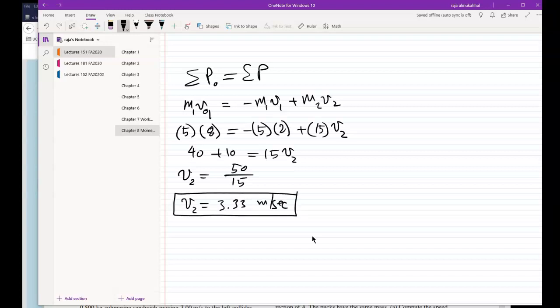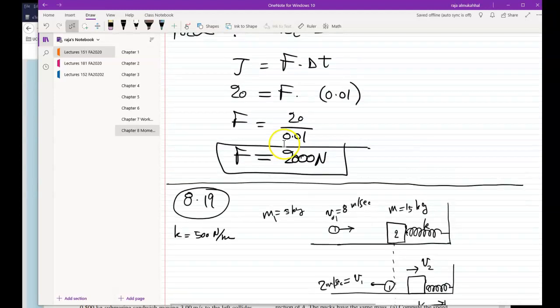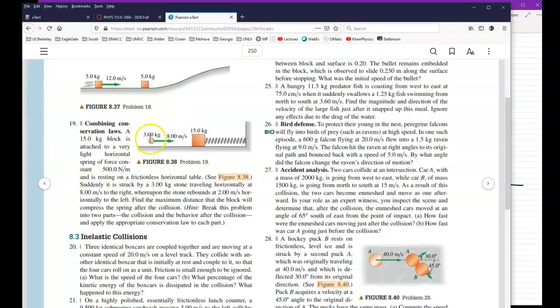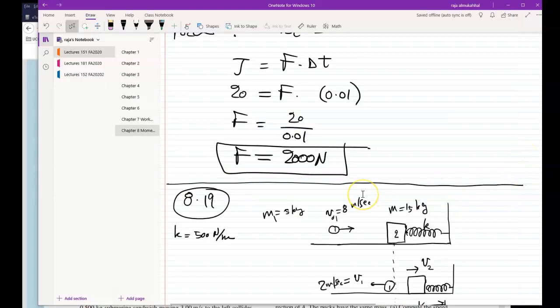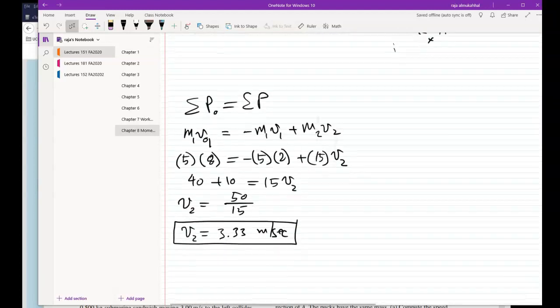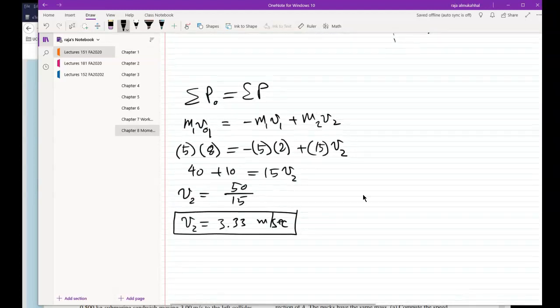You know what I discovered? I think in the problem in the book, the mass here is 3 kilograms, not 5 kilograms. I mistakenly put 5, so that's why I'm getting a weird answer. Anyway, let's just assume it's 5 kilograms. There we go, I got V2.